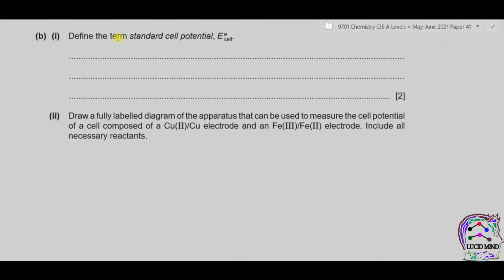B part 1, define the term standard cell potential, E0 cell. Now cell potential is the difference in electrode potential between two half cells, and for standard we have to use standard conditions.